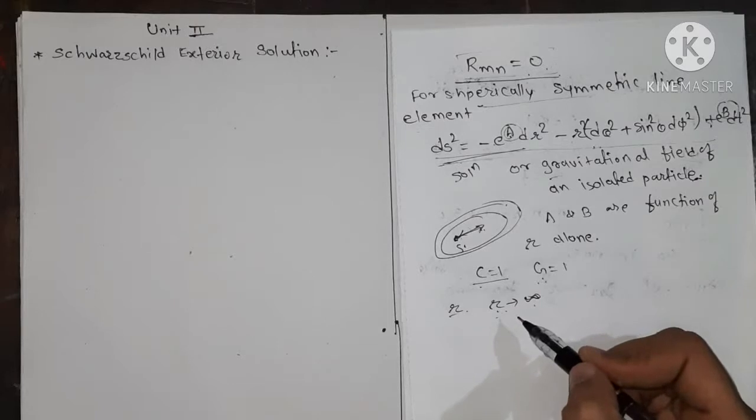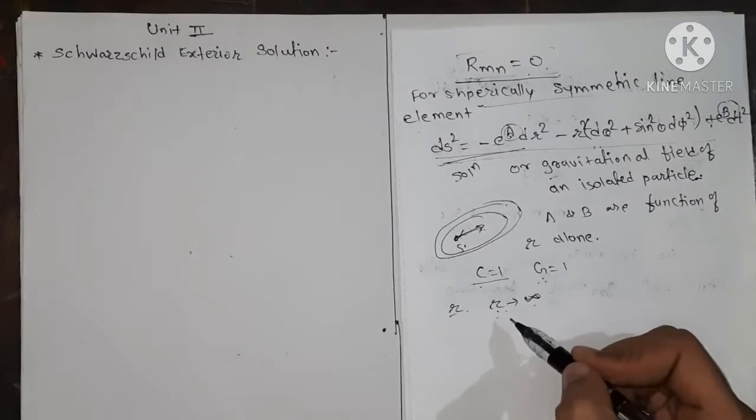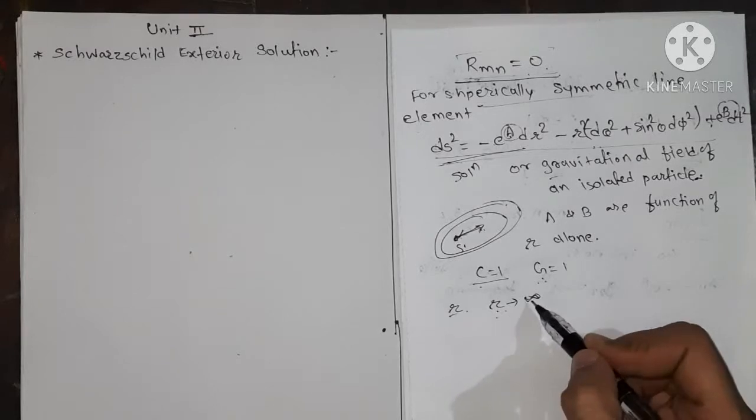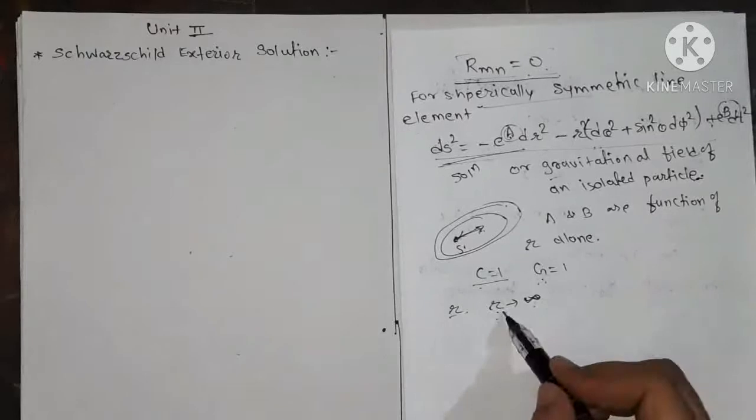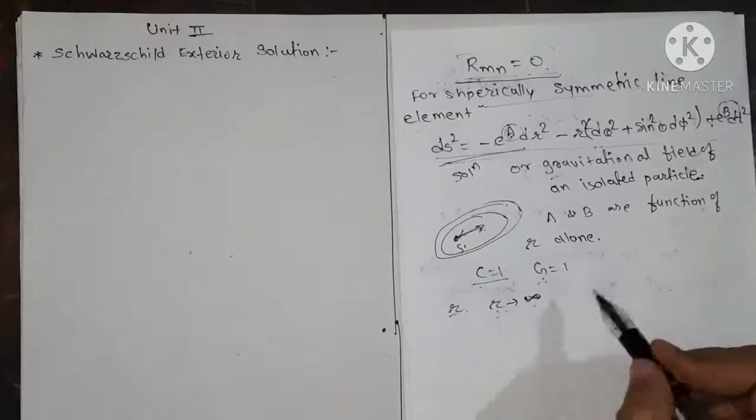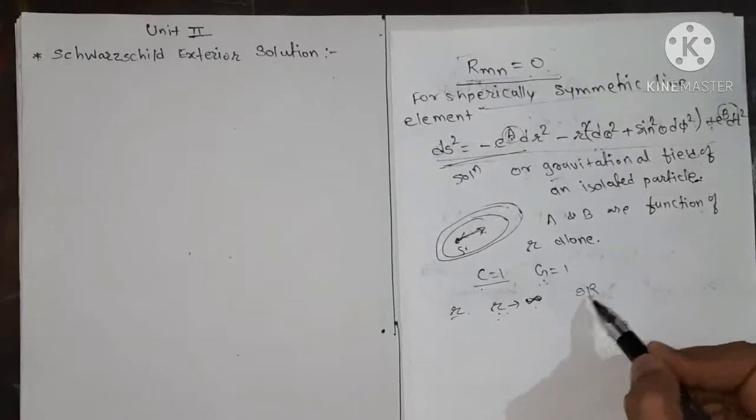Diminish means going to reduce. And at infinite distance, our gravitational field becomes a field of special relativity.